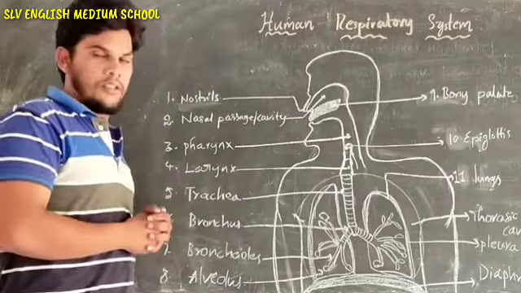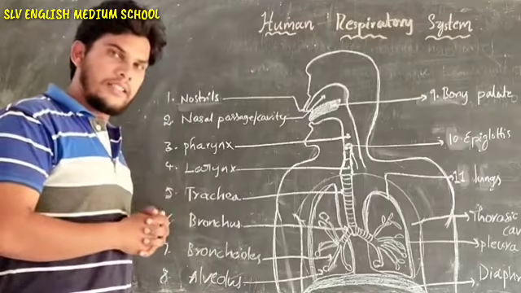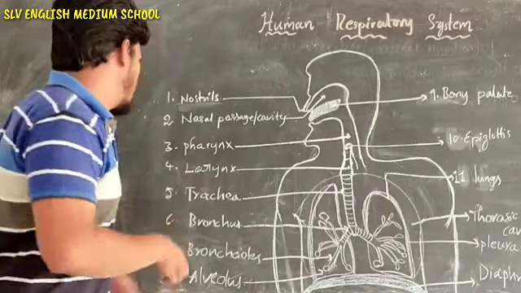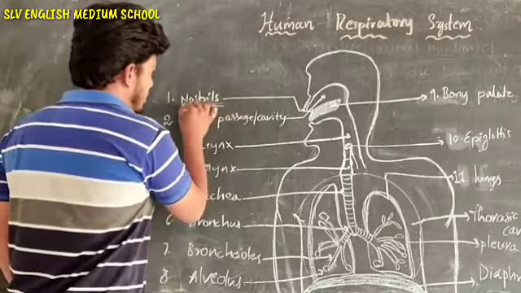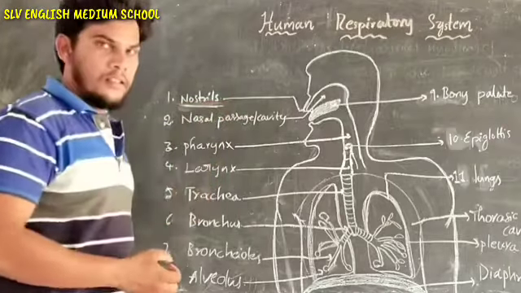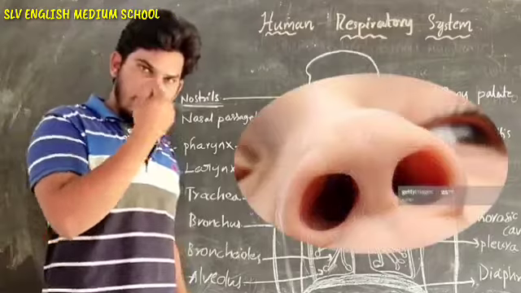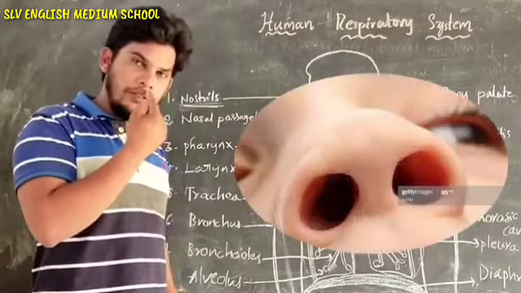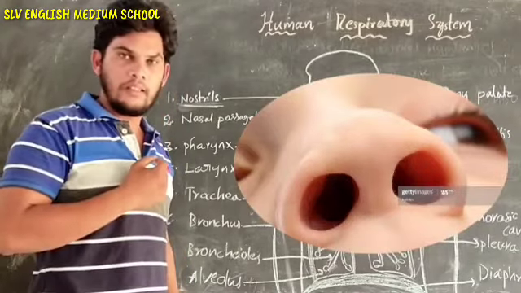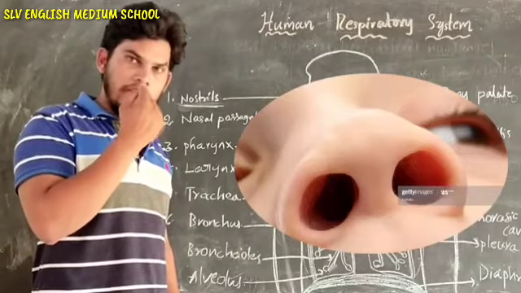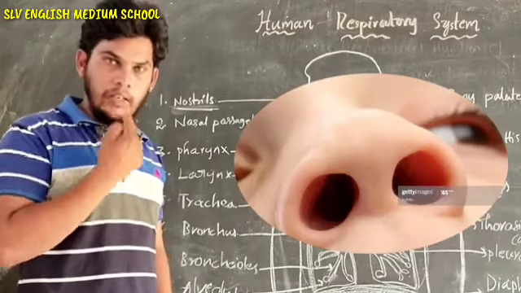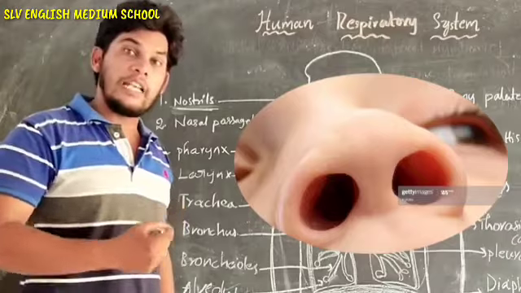The first part present in the respiratory tract is the nostrils. It is the nose. The nose consists of two nostrils. These two nostrils are separated by a muscular wall. That wall is called the septum.